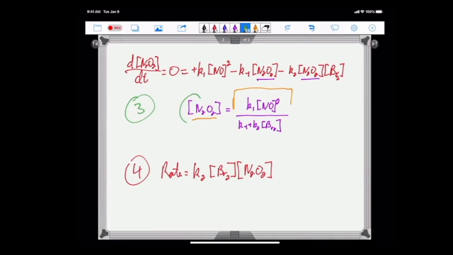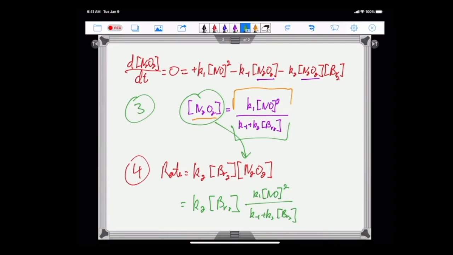So now that we have this expression, we sub it into here. That's just substitution of this larger term. So k2[Br2], and expanding that point, it's just k1[NO]² over k-1 plus k2[Br2].